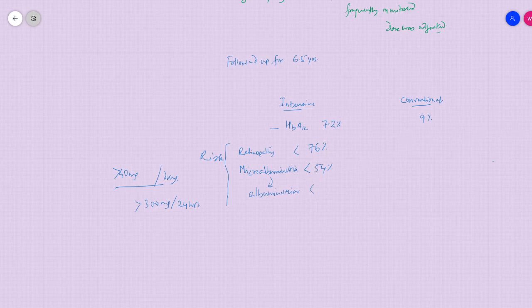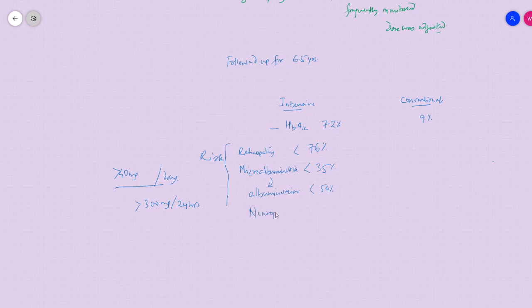Sorry, microalbuminuria risk was reduced by 35%, and the conversion to albuminuria was reduced by 54%. And neuropathy was checked.